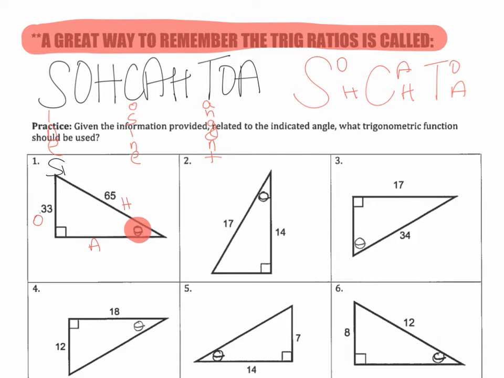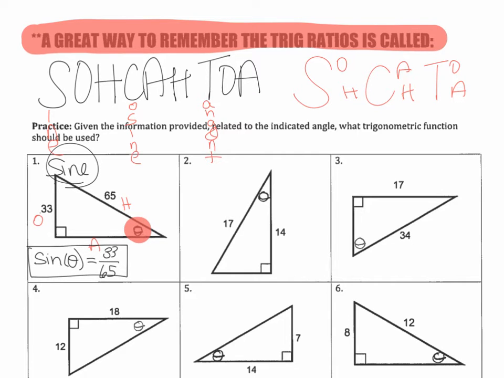So I would use the sine ratio. If I wanted to set up an equation, it would say sine of theta equals opposite over hypotenuse. Just like if I were to tell you 2 angles are supplementary, the equation you would make is that the 2 angles add up to equal 180 degrees.